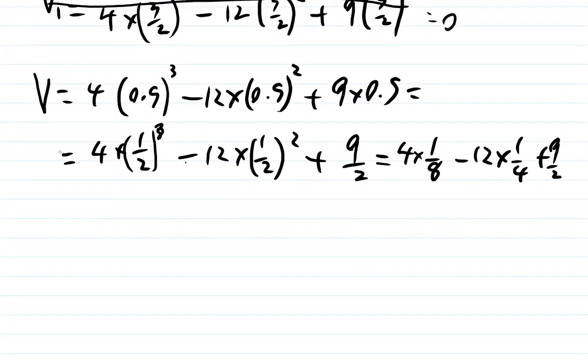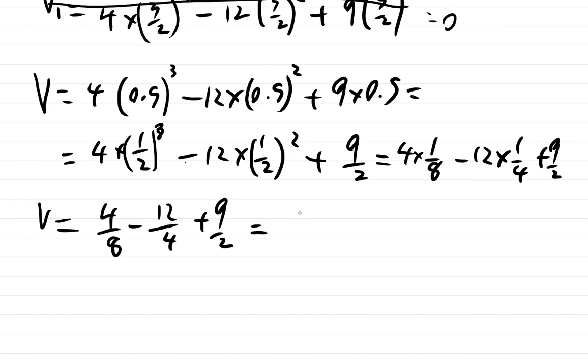So what we have here is the volume equal 4 times 1/8 is 4 over 8, minus 12 times a quarter is 12 over 4, plus 9 over 2, 9 halves, right? If you remember your fractions and common denominators, we have 4/8 minus, multiply this by 2 and we get 8, so it's something over 8.